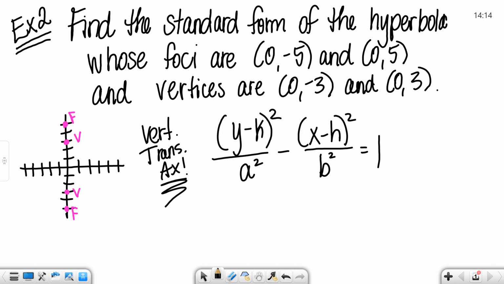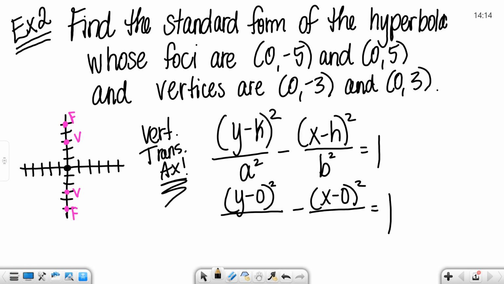I know for sure because I have a vertical transverse axis, the a squared has to be under the y. So I've got to know my center. Remember, your center is midway between your vertices, so your center is going to be the origin, (0, 0). So y minus 0 and x minus 0.